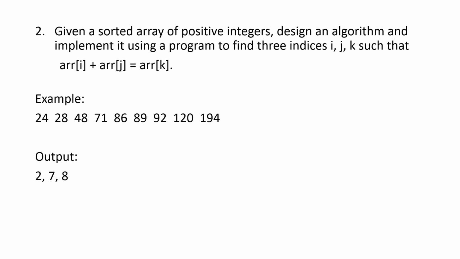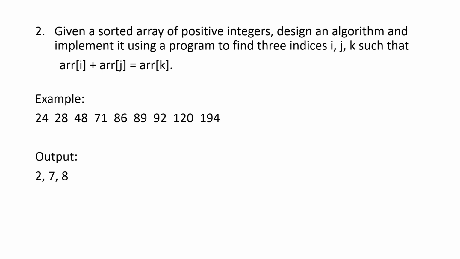If it is not equal, then I will go ahead. Now I will add 48 to 24. 24 plus 48 is 72. Again, 72 is not in the array, so I will go ahead. Now I will add 71 to 24. So 24 plus 71 is 95.